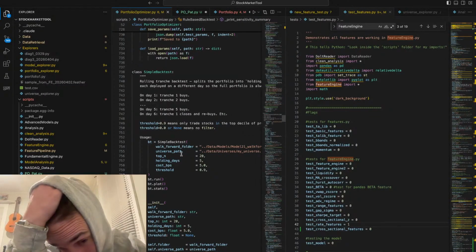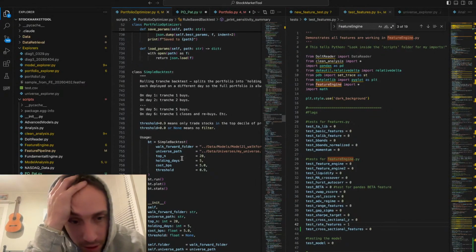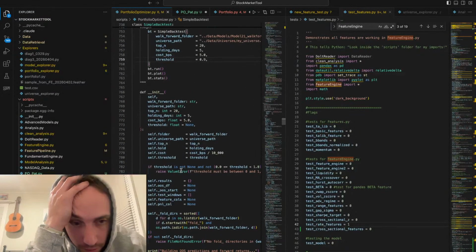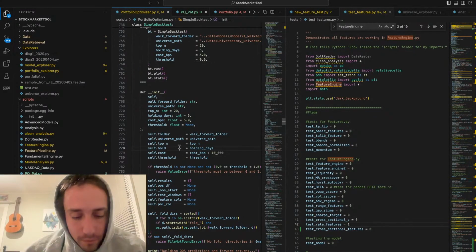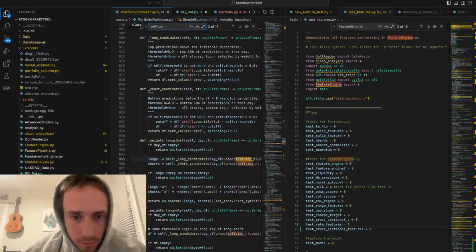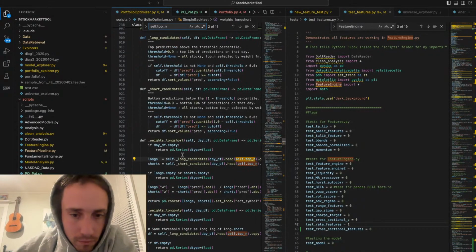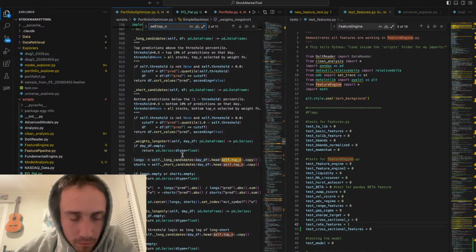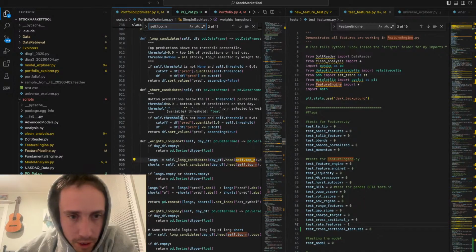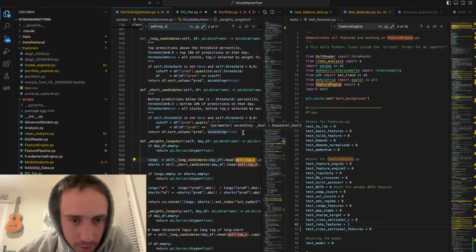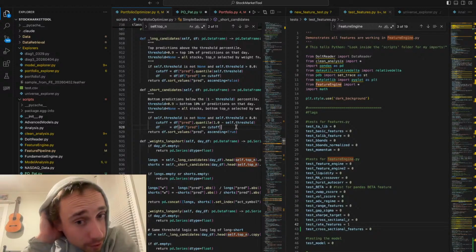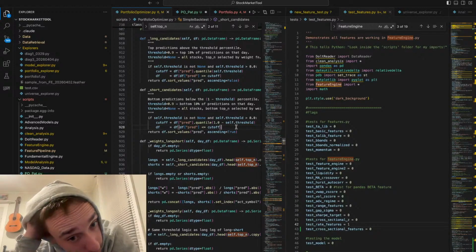Simple backtest is only picking the top 20 Sharpe ratios, so top N. Short candidates. Cutoff, prediction, quantile, 1 minus self.threshold. If threshold is not none and threshold is greater than 0, make the cutoff.